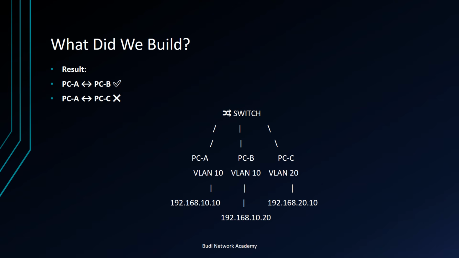PCA can communicate with PCB because they are in the same VLAN and the same IP network. PCA cannot communicate directly with PCC because they belong to different VLANs and we haven't configured Layer 3 routing. So we have successfully created a simple VLAN-based network.